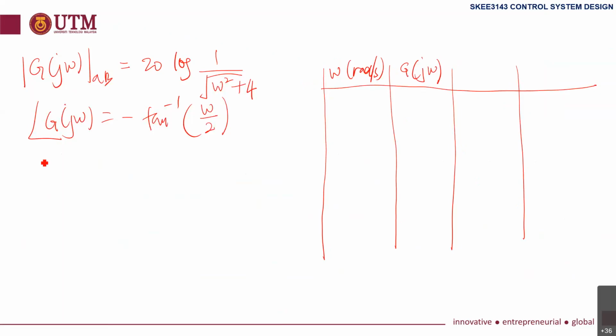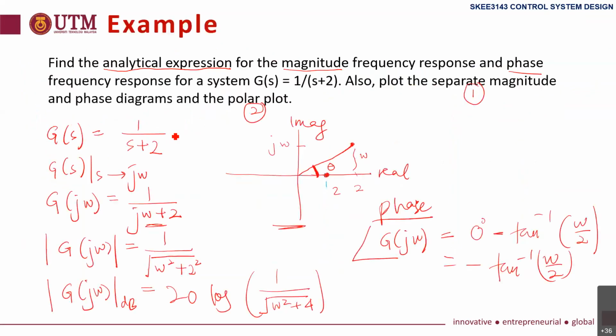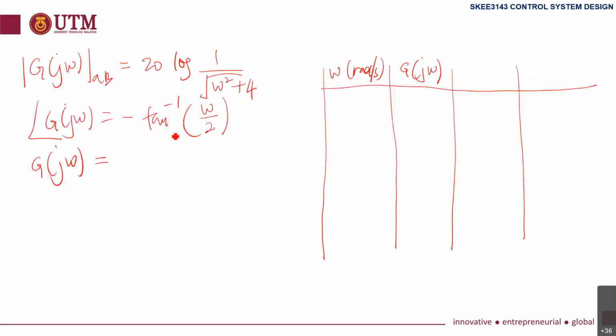Gj omega is the one without dB. Not dB means only this one, 1 over omega squared plus 4 without dB. Next one, I want in dB. So I use here dB. And then we want this, the phase.